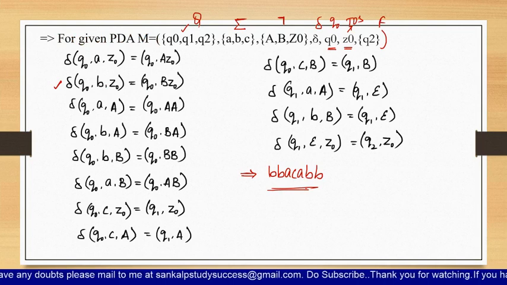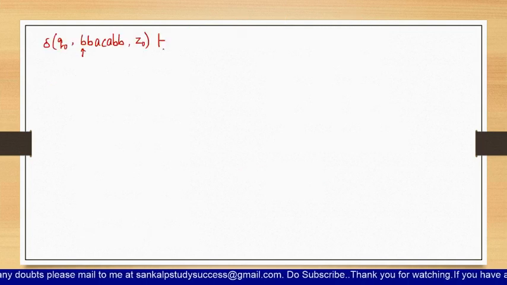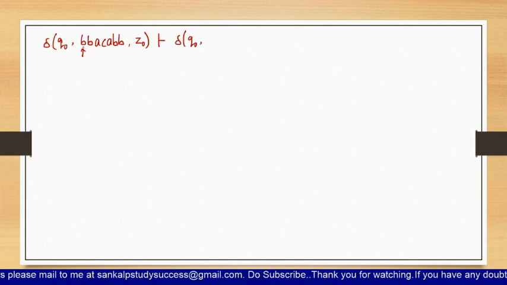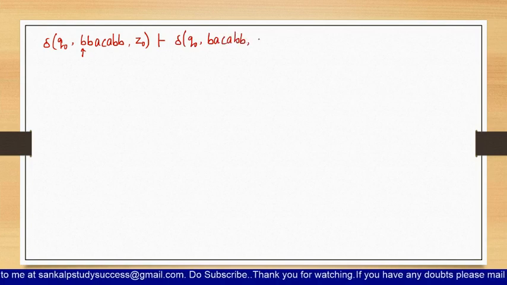It is the transition function of Q0. We are already done with one B. So let us write the remaining BACABB, and the top of the stack is BZ0. That means B is pushed into the stack, right? So now the current top of the stack is capital B.